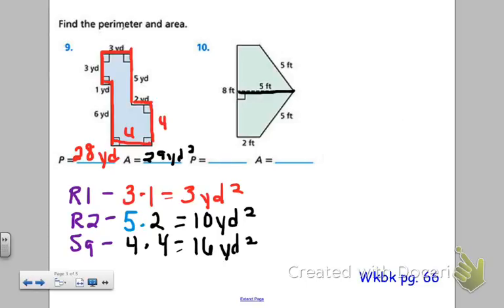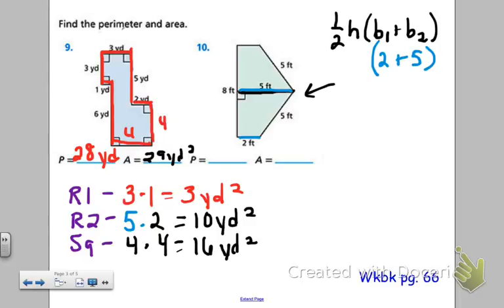And if you notice, it looks like both trapezoids are exactly the same. So if I know the area of one trapezoid, I'm going to know the area of the other one as well. I'm going to start with maybe the bottom trapezoid. I know that I need my height and I need my 2 bases. So in this case, I have a base of 2 and a base of 5.